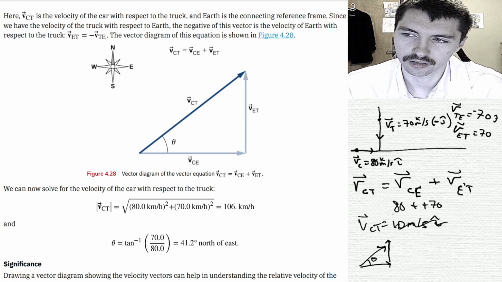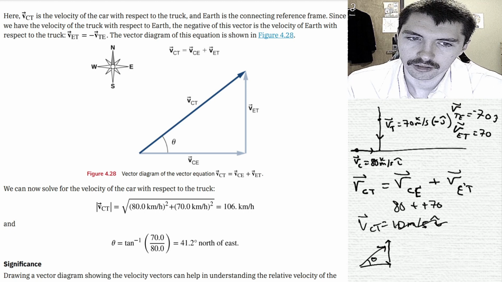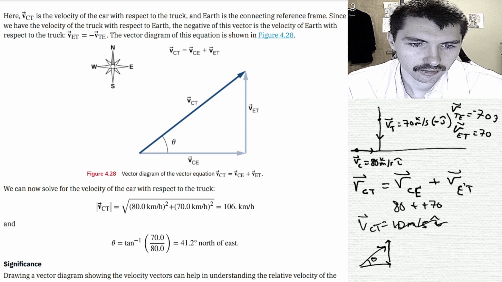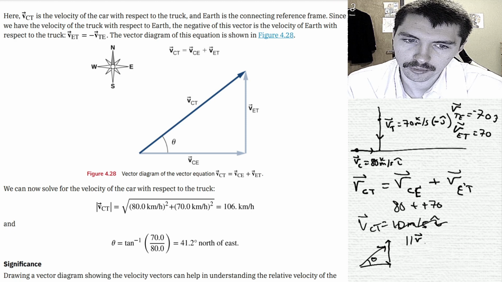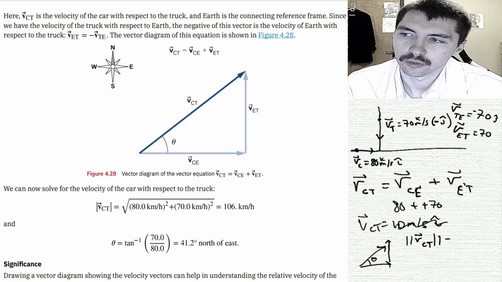We've done stuff like this all the time. So we solve for velocity. Okay, so remember the book uses weird notation for the norm. I like the double bars personally.